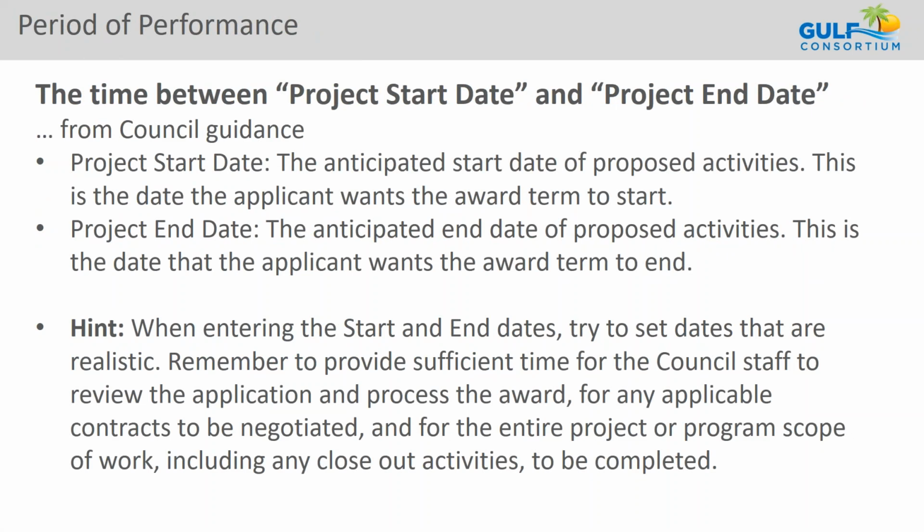Another important thing to mention here is the period of performance. This is just the time between the project start date and end date. So we need to know those start dates and end dates. You don't need to worry too much about the start date, because the start date will actually be about the time you submit your application to us, because we will then request authorization of pre-award costs.